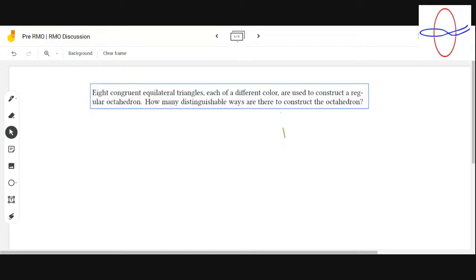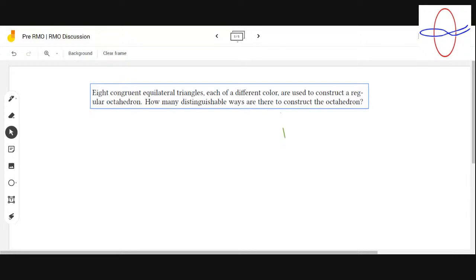Are you a student of Cheenta? Then try to solve easy problems.